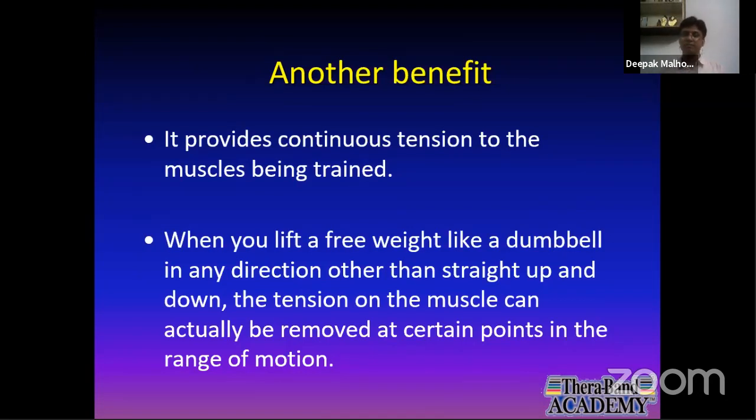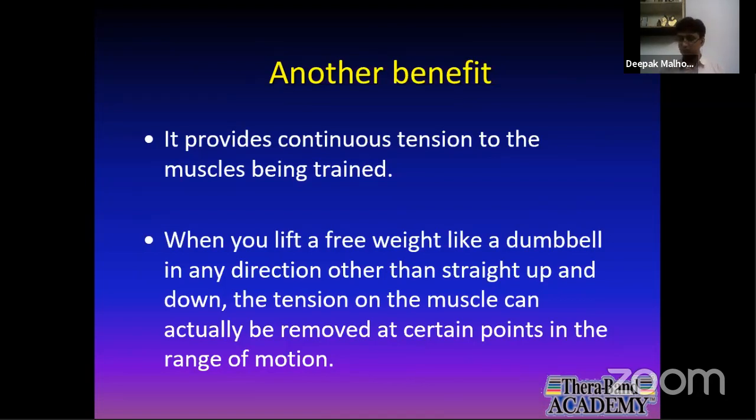Now, someone who is interested to know about this fact can read further, because there is a matching between the length tension relationship of the muscle and the force producing capability of the band. Now it all depends on the force angle.